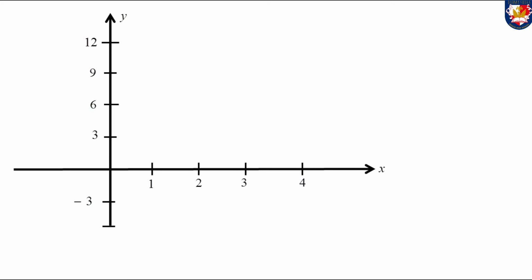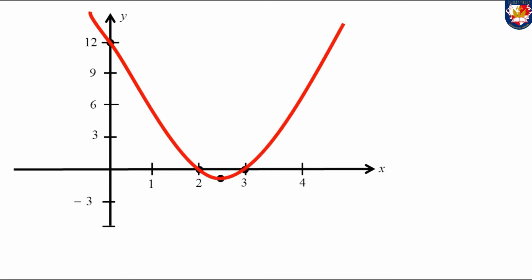So after we found the vertex, x-intercepts and y-intercept, we put those points into the coordinates. This is the y-intercept, this is the x-intercept, and this is the vertex. Next, we connect all those points and we make the quadratic graph of y equal to 2x squared minus 10x plus 12.